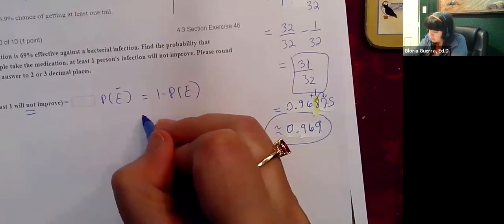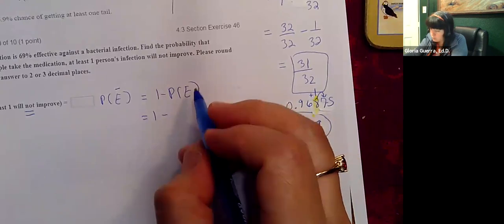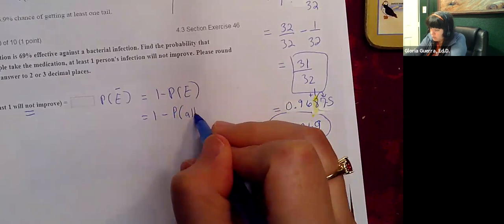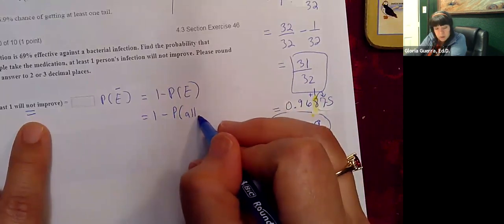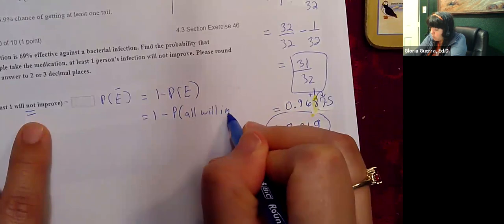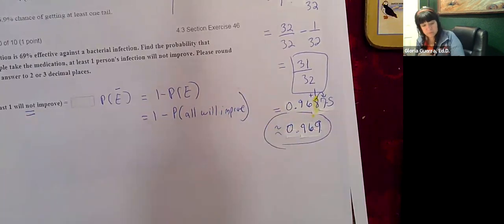So then this is 1 minus the probability of all... if this says will not improve, this is all will improve.